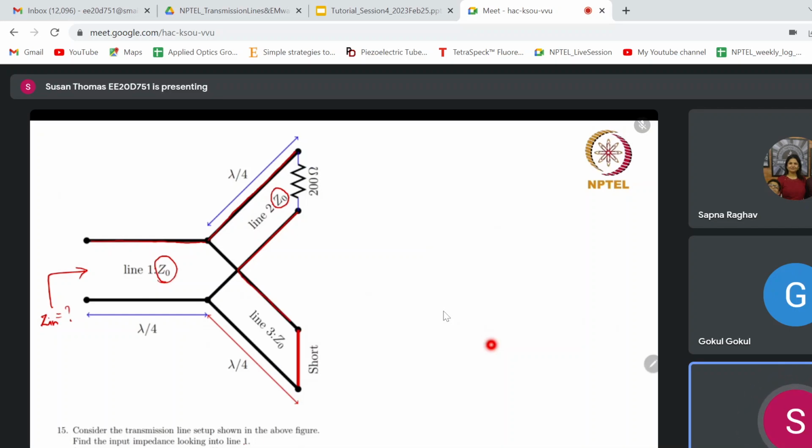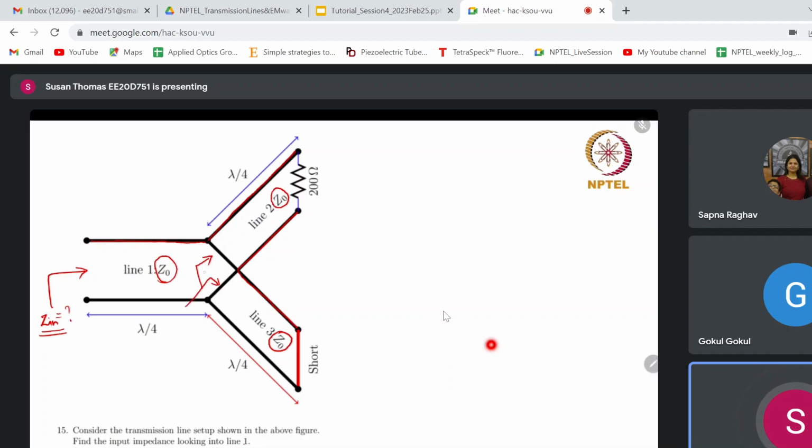This is line 3. Again, this also has a characteristic impedance Z0. Okay. Now, how do we solve this question? Finally, we need this input impedance. So let us solve it part by part. So first let us solve what is this one and what is this one.